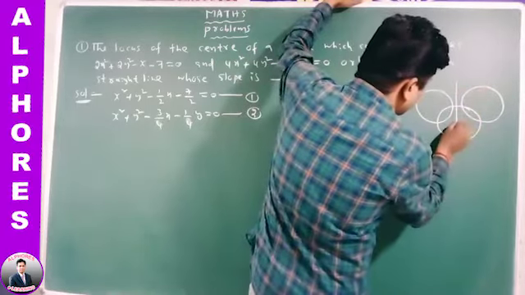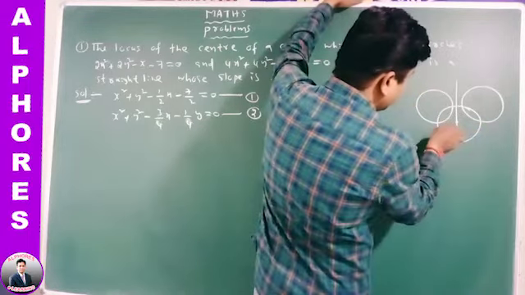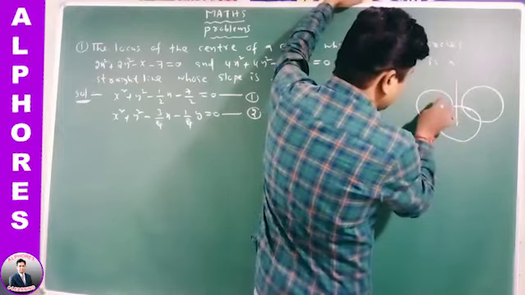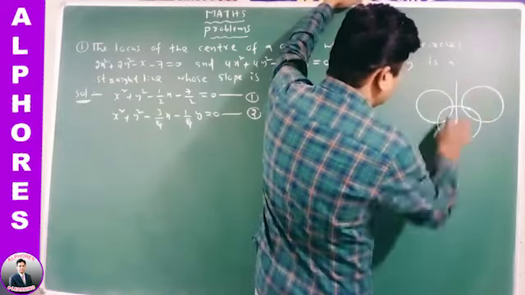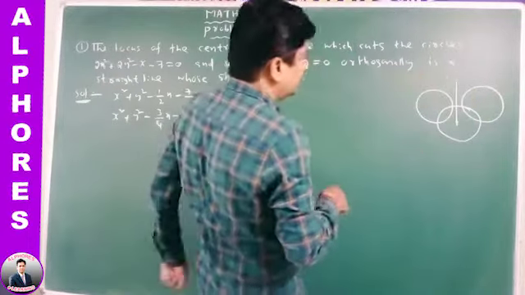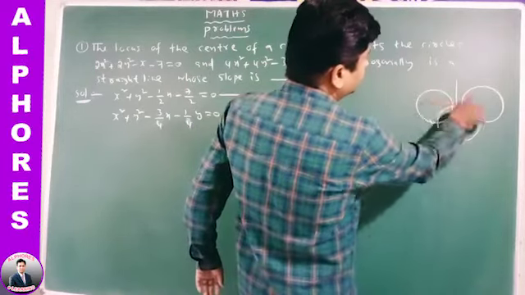The locus of the center of this circle which cuts the given two circles orthogonally is a straight line whose slope is required. Here we know that the locus of the center of this circle is the radical axis of these two circles.